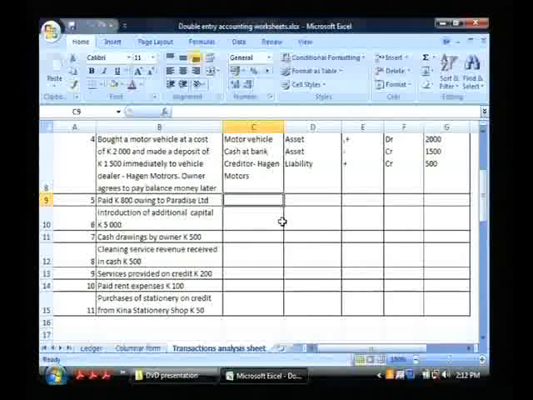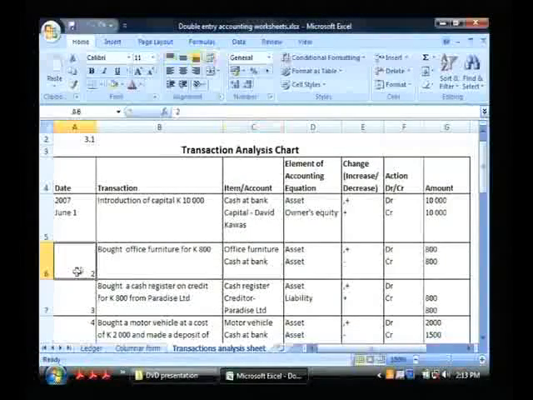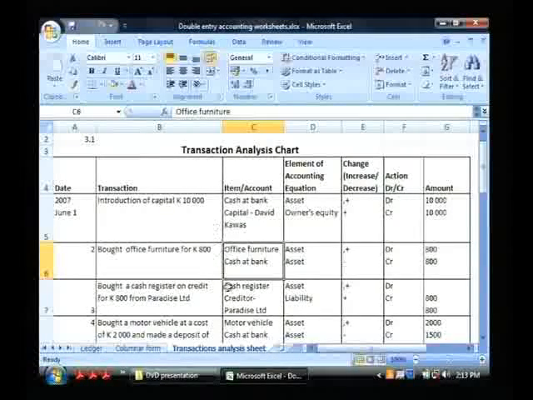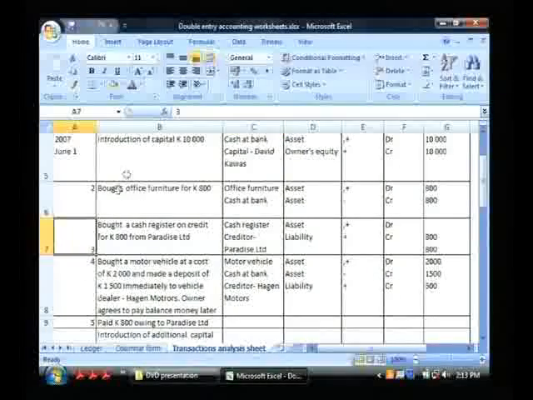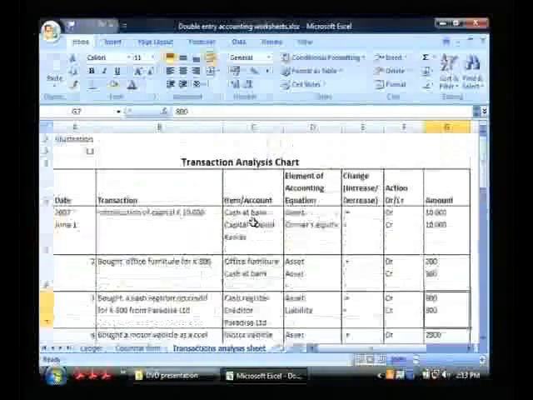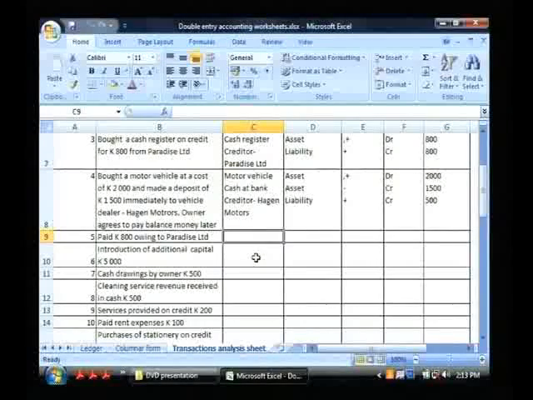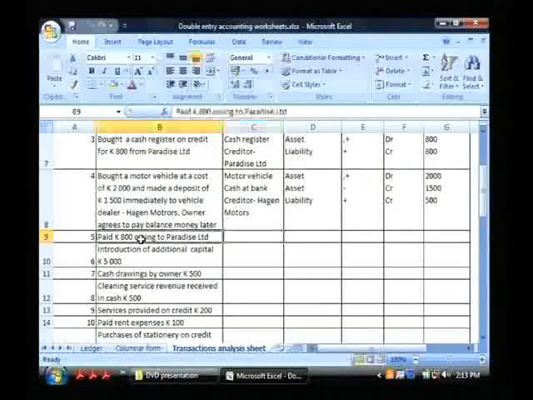And on 5th June paid 800 kina owing to Paradise Limited. If you can remember here, on 2nd, the owner purchased furniture, and here on 3rd, owner purchased a cash register. Cash register is on credit and it is a liability, and this amount has been settled here. So therefore, amount payable was 800 and full amount is paid here.